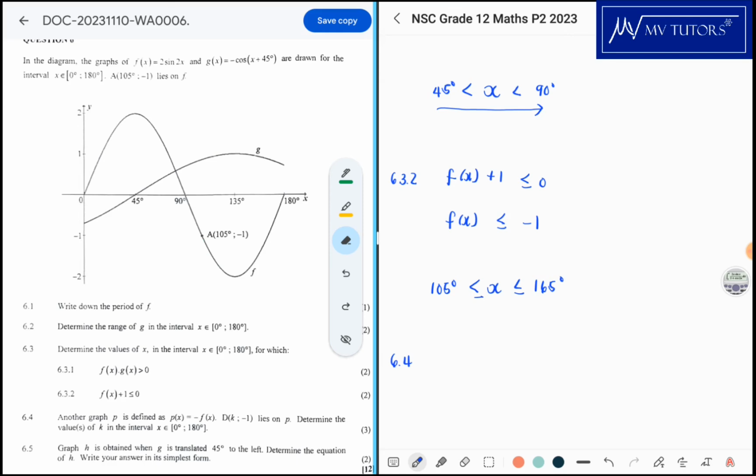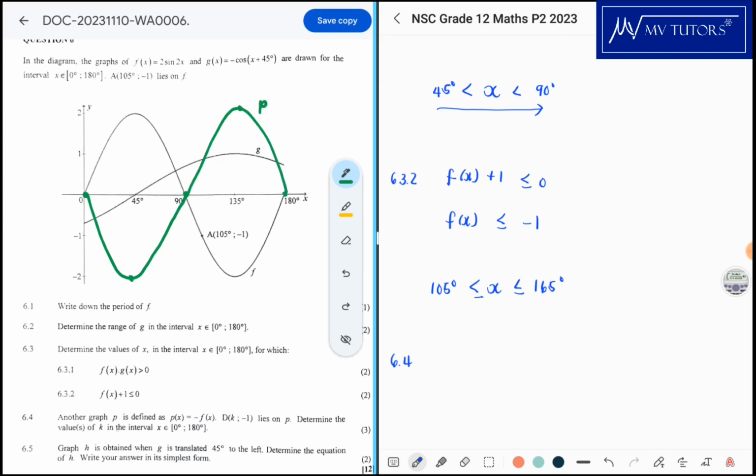Now, how would negative f of x look? Well, it's just the inverse. So we're going to have 0 there, -2, 90, +2, 180. Okay, so this is how the graph of P would look.